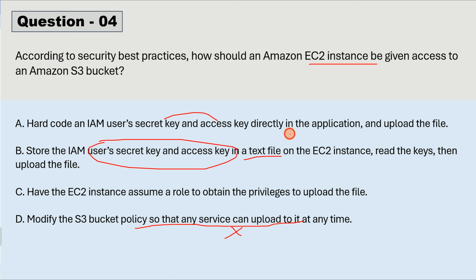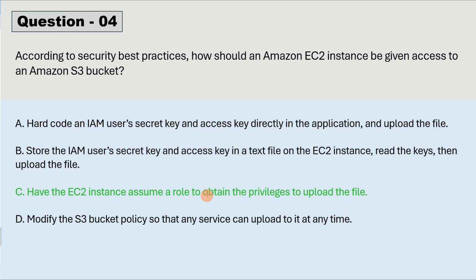It is also absolutely wrong. So the correct answer here will be option C, that is have the EC2 instance assume a role to obtain the privileges to upload the file. And this is correct because an IAM role should be used to grant temporary credentials to Amazon EC2 to securely access AWS resources, and that is the S3 bucket. So option C is correct here.